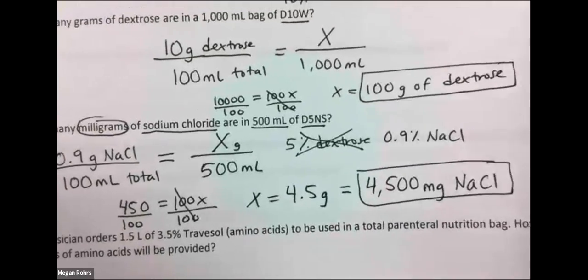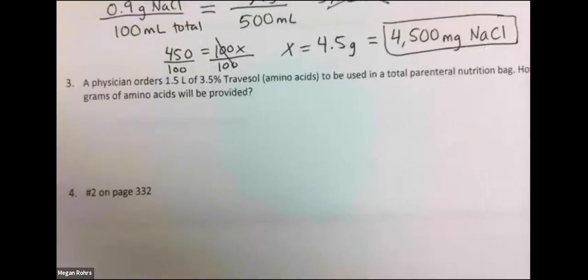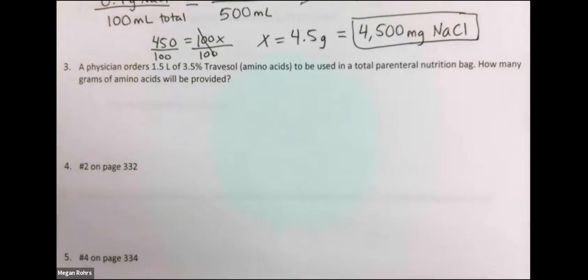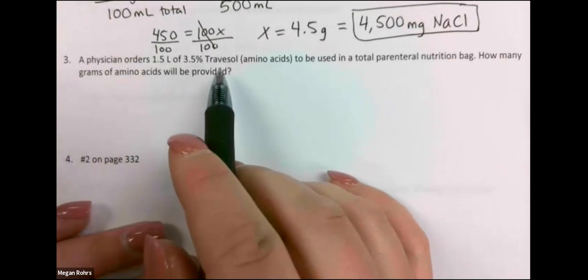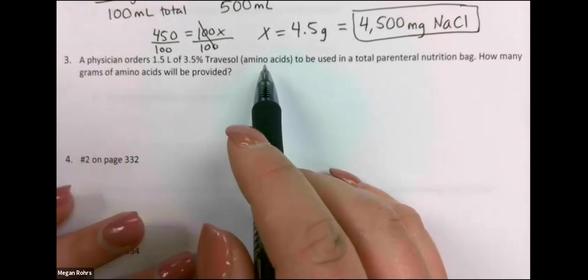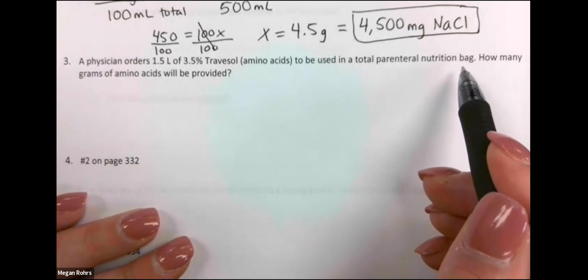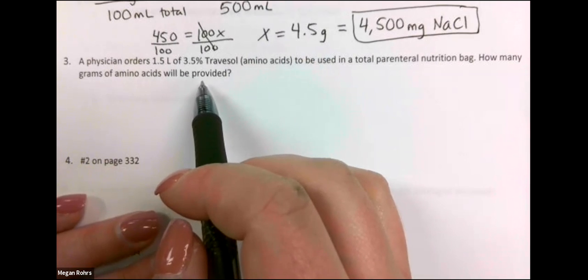All right, let's take a look at number 3. A physician orders 1.5 liters of 3.5% Trophamine, which is amino acids, to be used in a total parenteral nutrition bag. How many grams of amino acids will be provided?